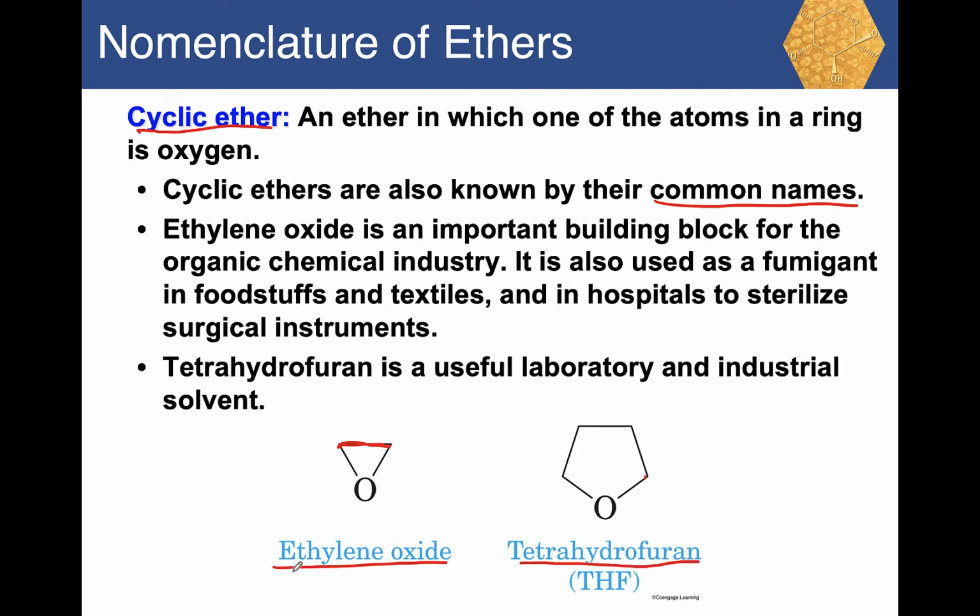This molecule here, ethylene oxide, as you can see here, is a very useful chemical in the chemical industry. It's used as a fumigant for food stuff, textiles, and other sterilization uses. So they're very important chemicals, cyclic ethers.